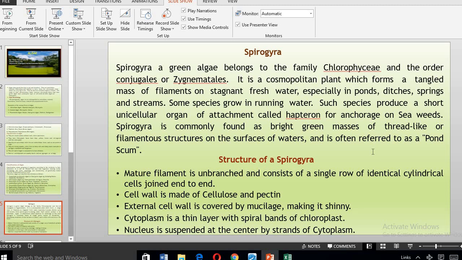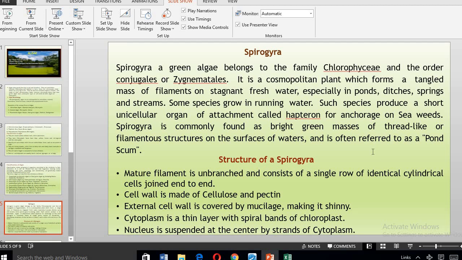Spirogyra is commonly found as a bright green mass of thread-like or filamentous structures on the surfaces of waters, and it is normally referred to as pond scum. When you resume, we shall be looking at the internal structure of a Spirogyra in the laboratory. But meanwhile at home, you can still look at it online.